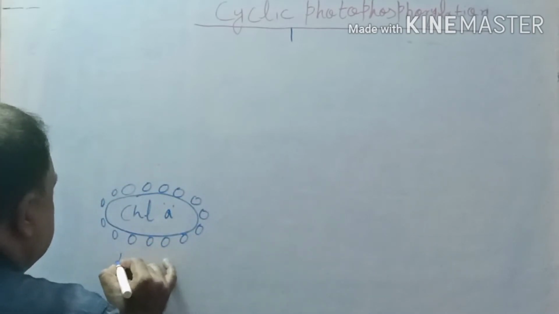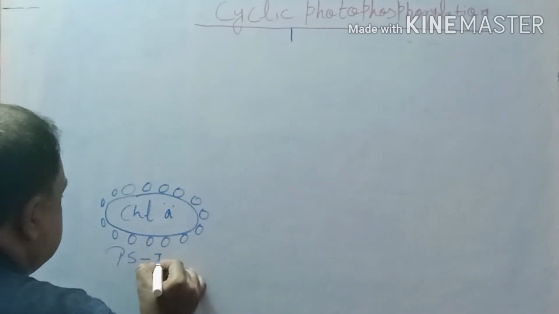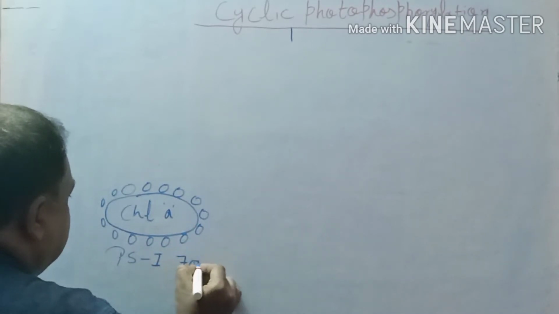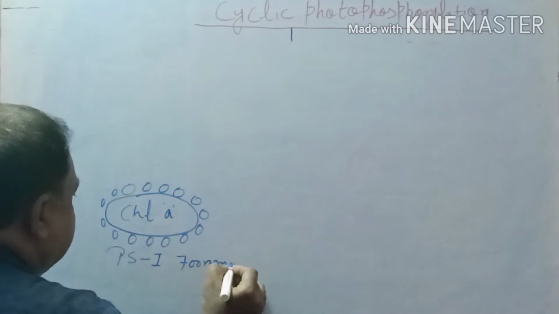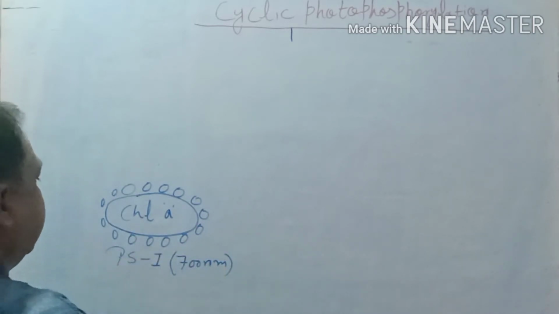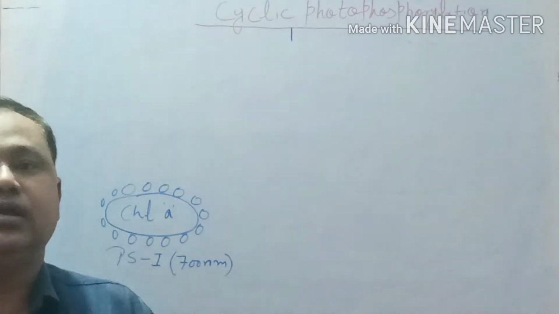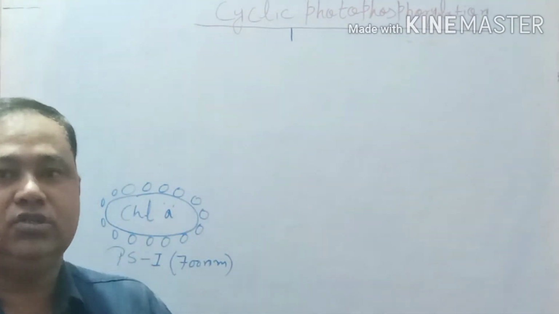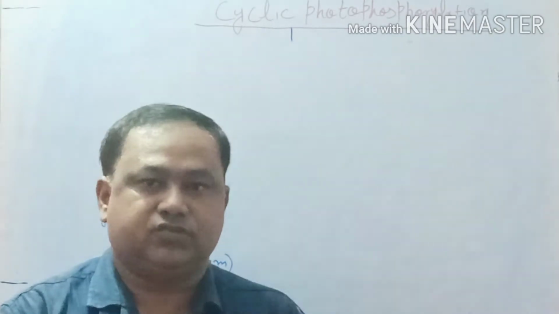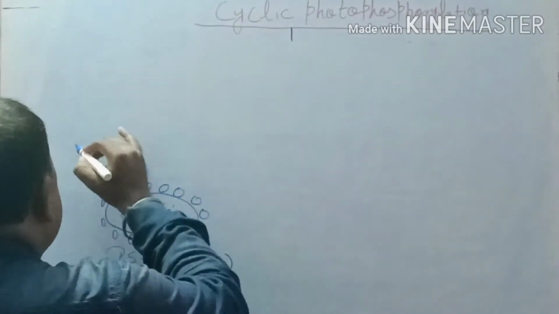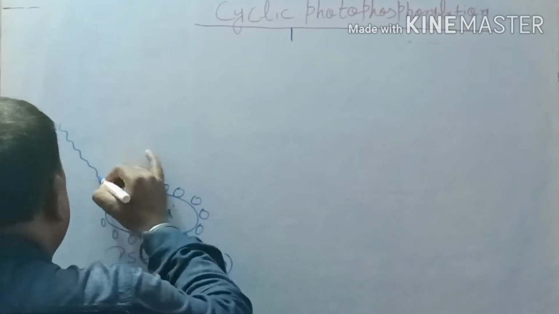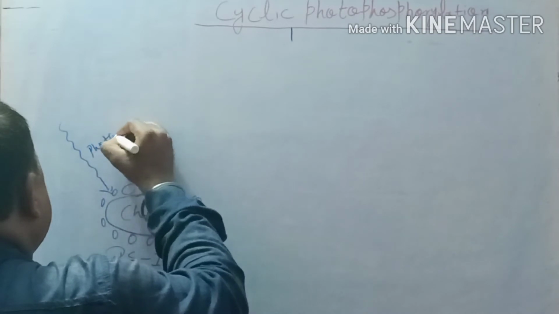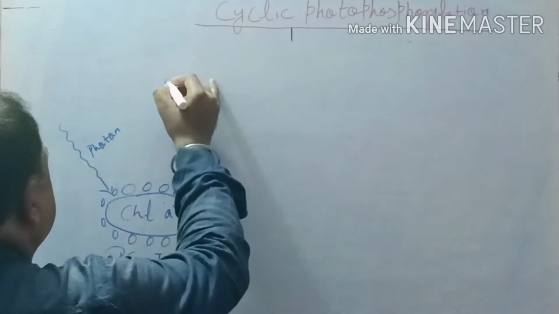And PS first, having a 700 nanometer wavelength, is involved; you can say that only PS first is involved during this process of cyclic photophosphorylation. First of all, the photon comes here, that is the photon incident.